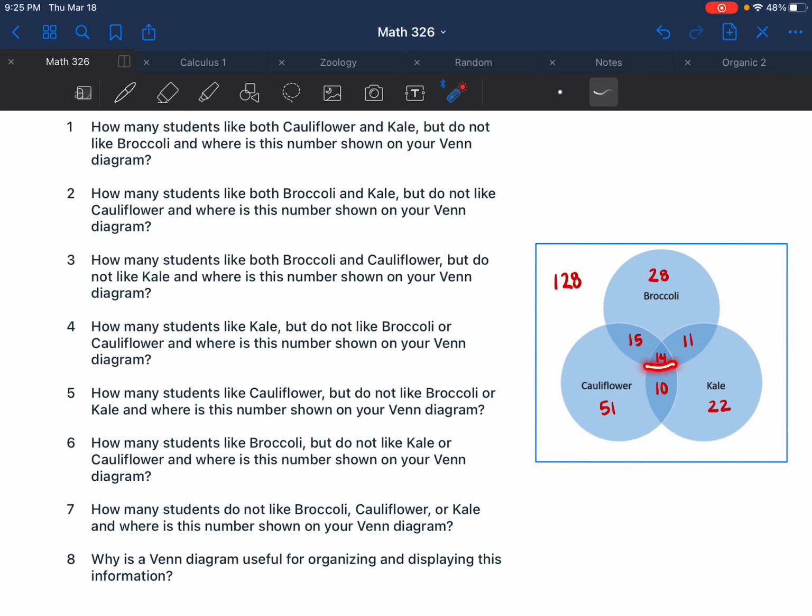So what we're looking at is this little section right here, because this is the section where only cauliflower and kale people cross over. So how many students like both cauliflower and kale? Well, that's going to be this number right here, which is 10 students.